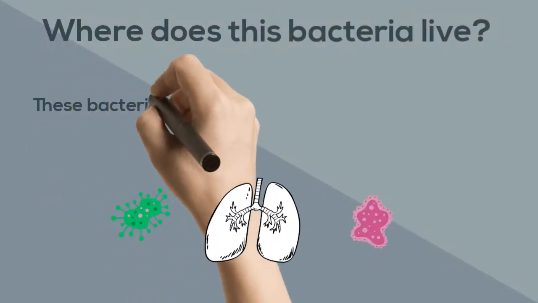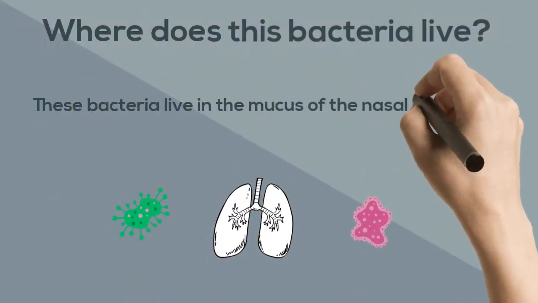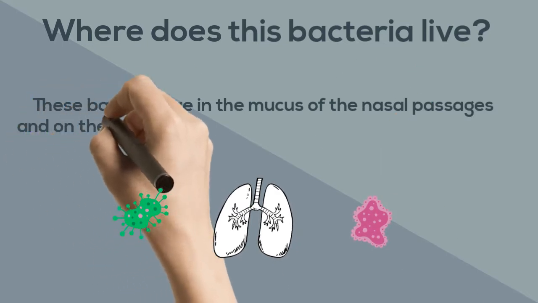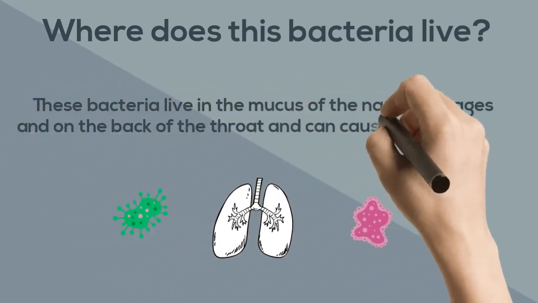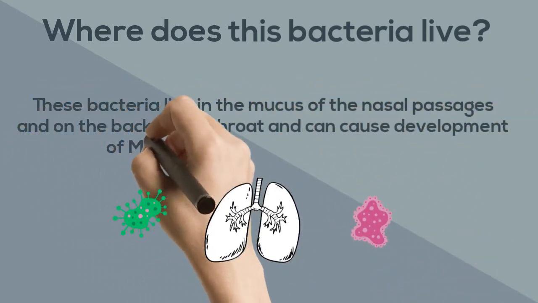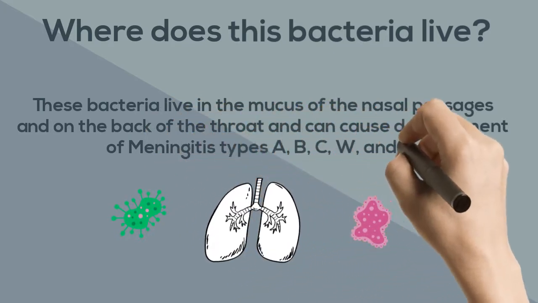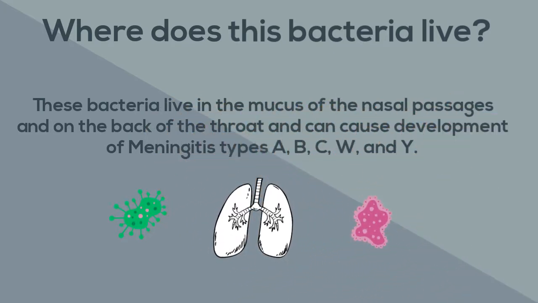These bacteria live in the mucus of the nasal passages and on the back of the throat and can cause development of meningitis types A, B, C, W, and Y.